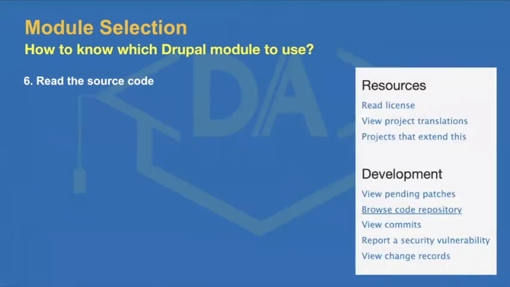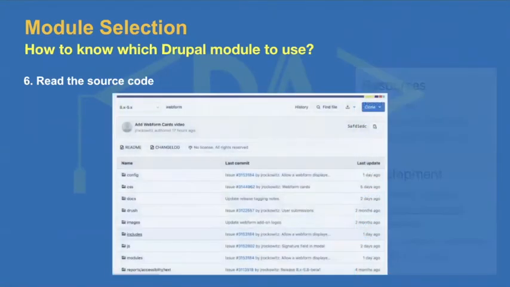The final bit here is, if you're more advanced, you can browse the code repository. That is the skeleton, the nuts and bolts of the module. You can click on the link that says browse code repository, and it's going to take you to, well, the code repository.